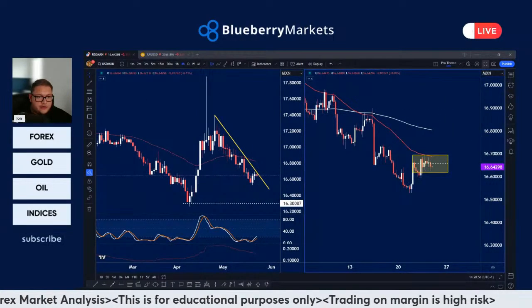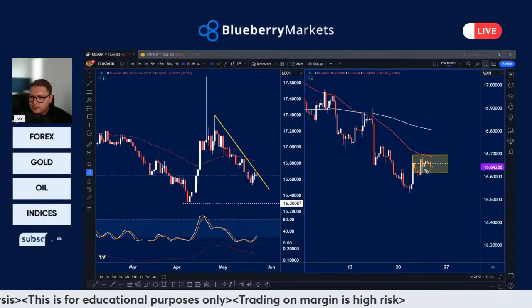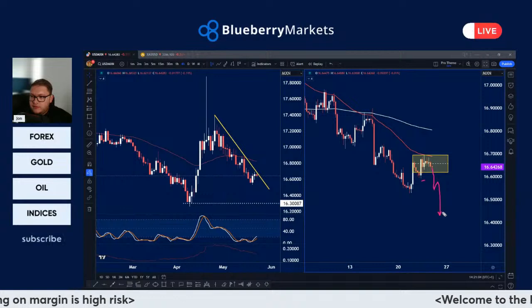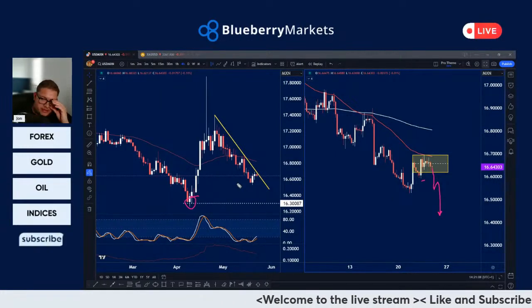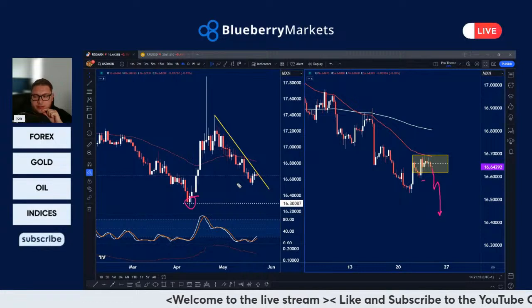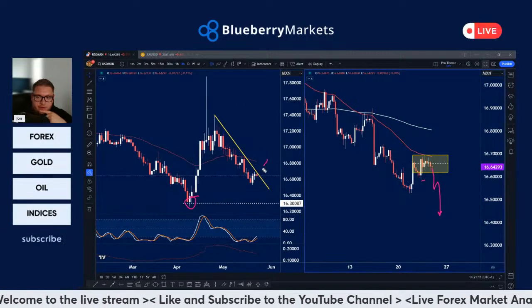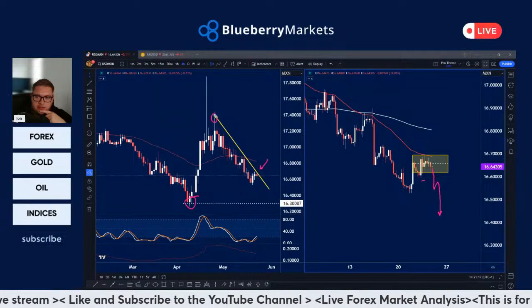If you're going to look for your shorts, I want to be short below this area. So maybe sell stops below that swing low there to see if it can really push onto the downside. Like I said, targets down towards that 16.3 area look pretty good to me. An early sign that price is going to be pushing back higher is a break of this trend line resistance. We can see it's very clear.